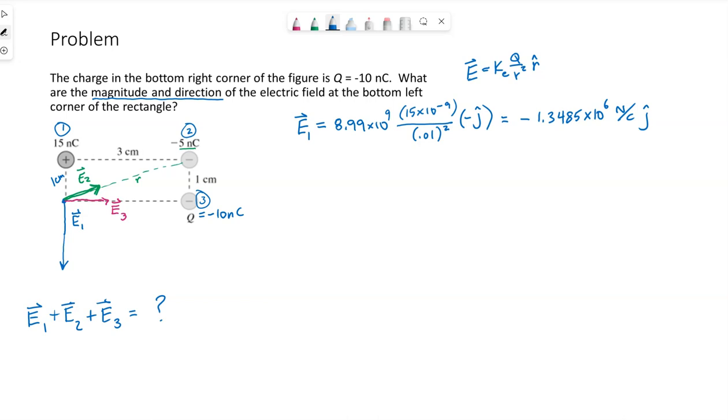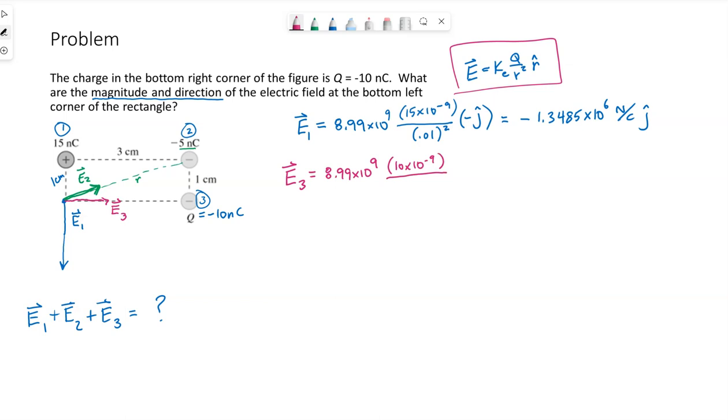Let's look at E3 next, simply because it's all in the positive x direction, and that just makes it easier. So I'm just using this same equation again, but plugging in the values of the charge. Oh, that was the wrong charge, sorry. E3 is the one from the 10 nanocoulomb charge.